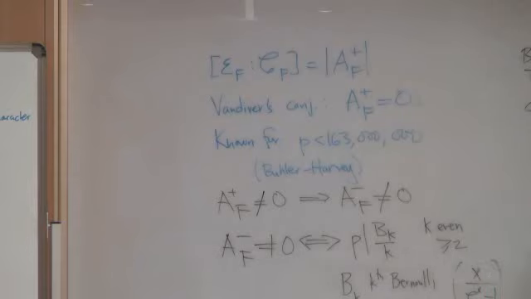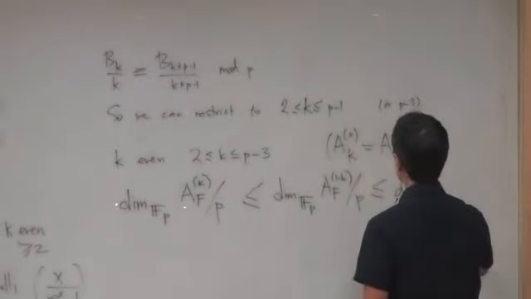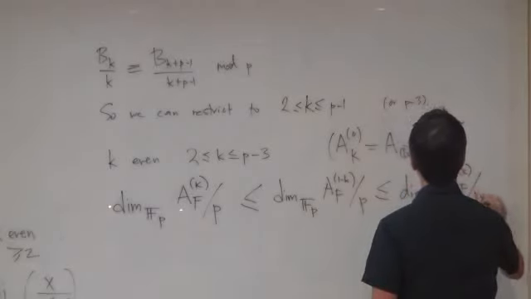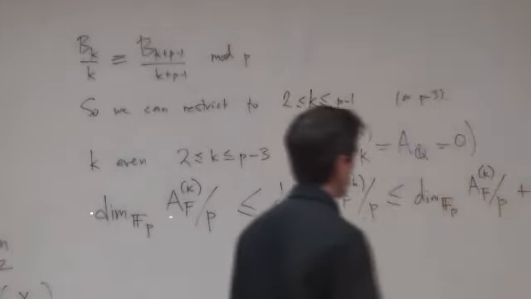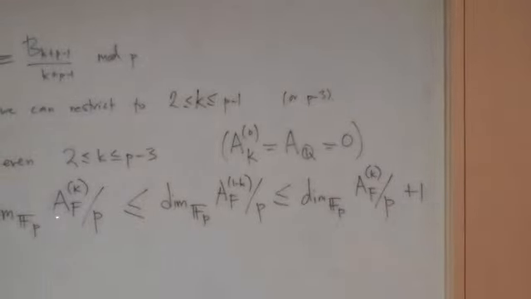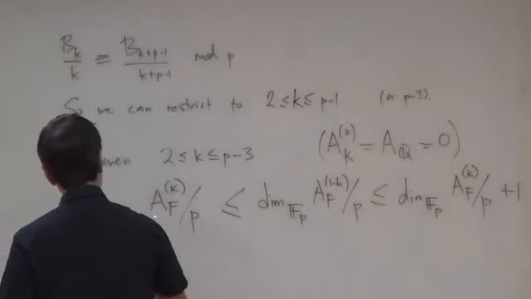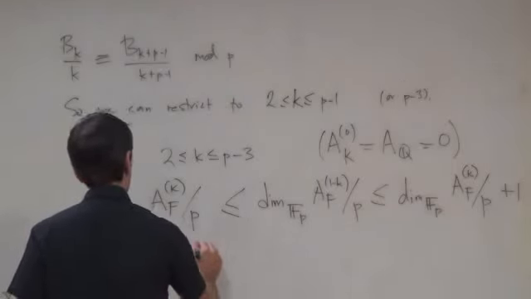So if I look at the kth eigenspace mod p, this is less than or equal to the F_p dimension of the (1 minus k)th eigenspace mod p, and that's less than or equal to the F_p dimension of the (k plus 1)th eigenspace mod p. So this is the reflection principle, or Spiegelsatz, and I guess this is due to Leopoldt.